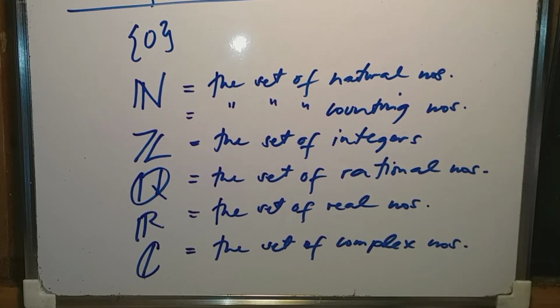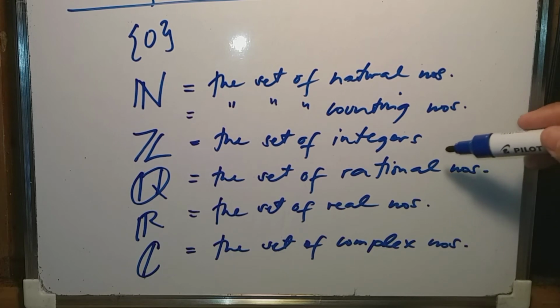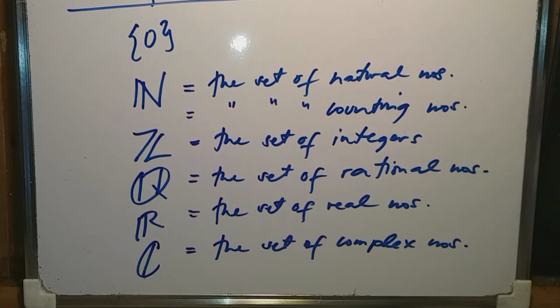So we all know that the natural numbers, or the counting numbers, are the numbers 1, 2, 3, 4, 5, 6, and so on and so forth. So we have the numbers to count. Then for the integers, these are the numbers negative 1, negative 2, so the negative numbers, also the positive numbers.